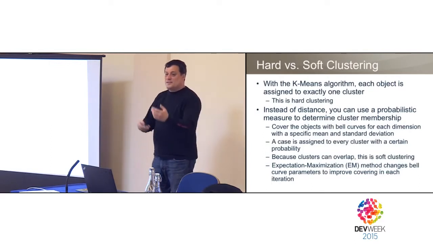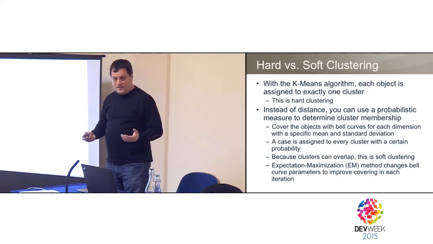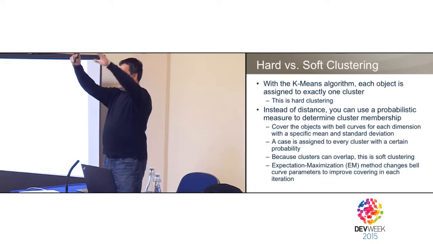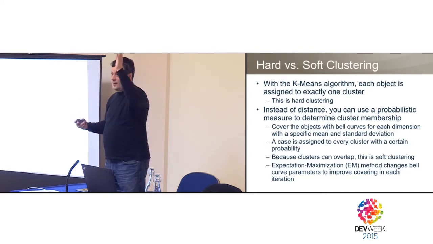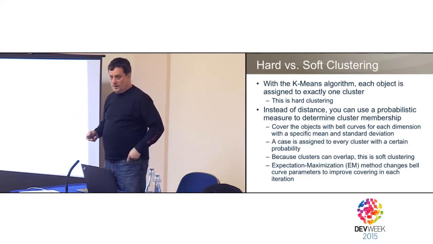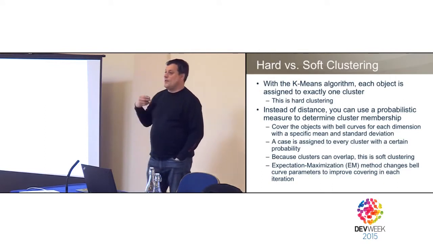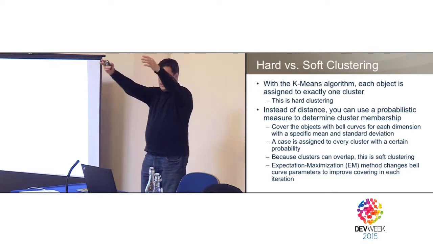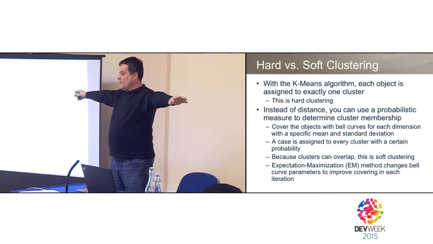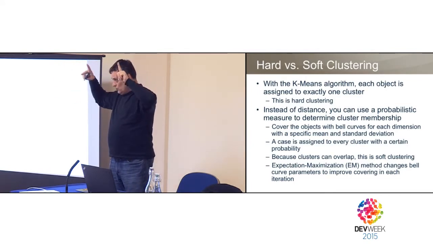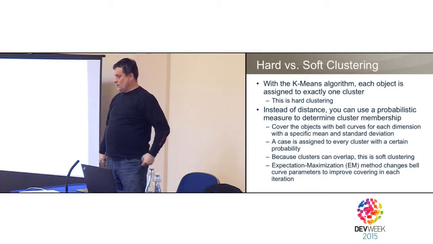Now imagine that instead of geometrical distance, I would use some kind of probability function, a normal curve, to calculate the probability that this case is in this cluster. So we use centroids again, and then we try to cover cases with bell curves on each input variable around this case.